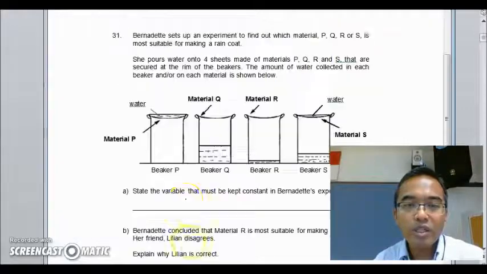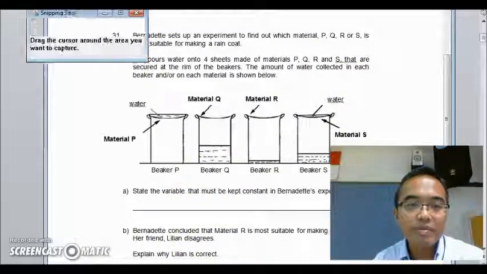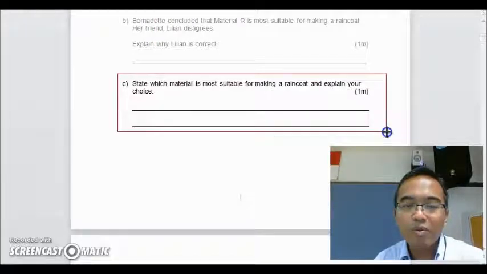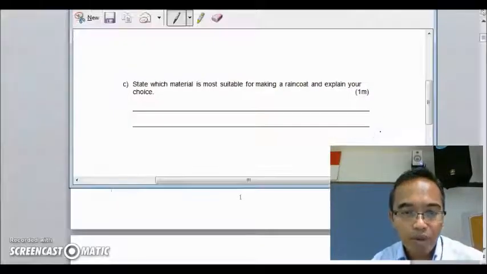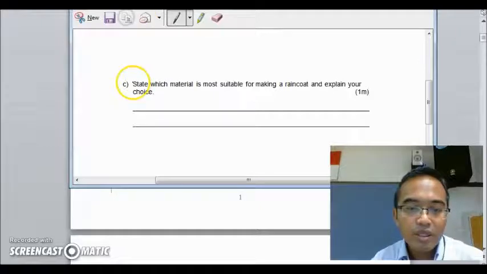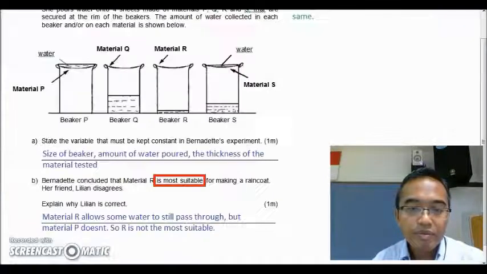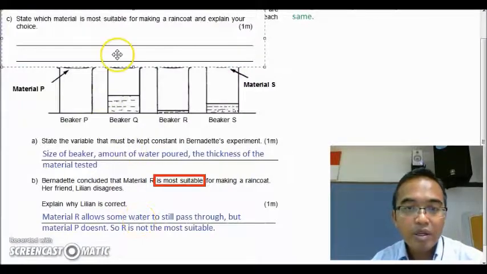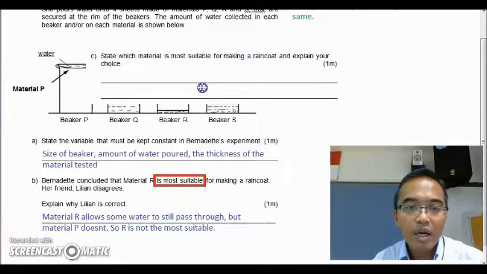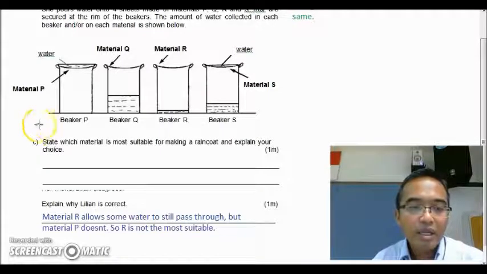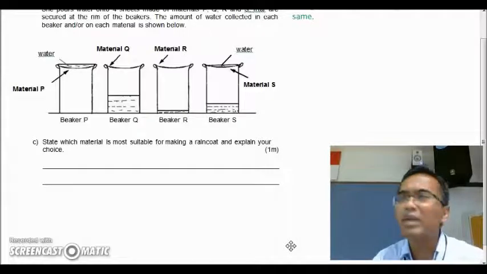Okay, let's look at the next question, which is C. State which material is most suitable for making a raincoat and explain your choice. Okay, state which material. Material P. I'm going to remove it like that. Okay, material P is the most suitable. Krivinesh, or somebody else.